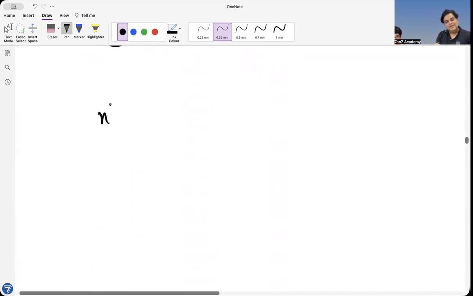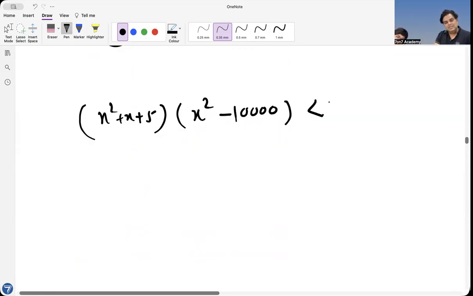Okay. So if I have x square plus 6x plus 5, or x square minus 1, 2, 3, 4, less than 0, how many integral solutions do you have? First you can factorize, no?